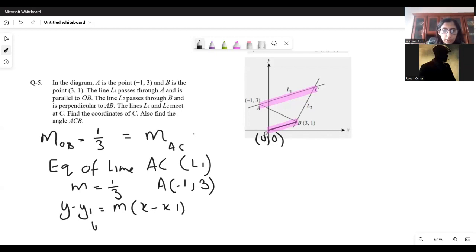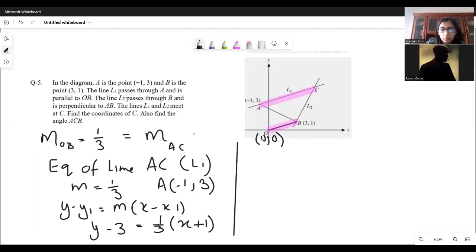Okay, so y minus 3 equals 1/3 (x minus -1), so that is going to be plus 1. I'm going to slightly rearrange it. So I'm going to send 3 to the other side. 3y minus 9 equals x plus 1, and 3y minus x equals 10. Okay.